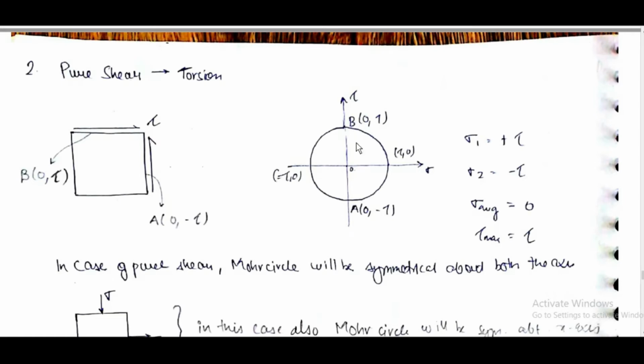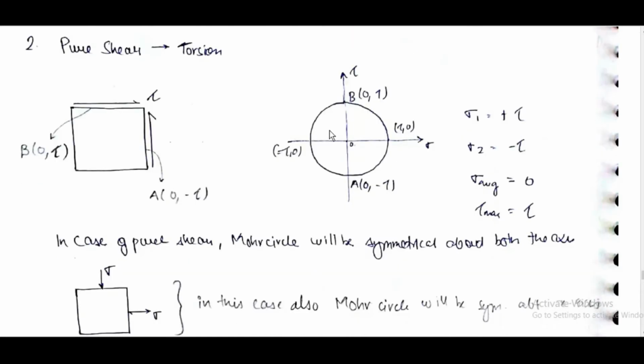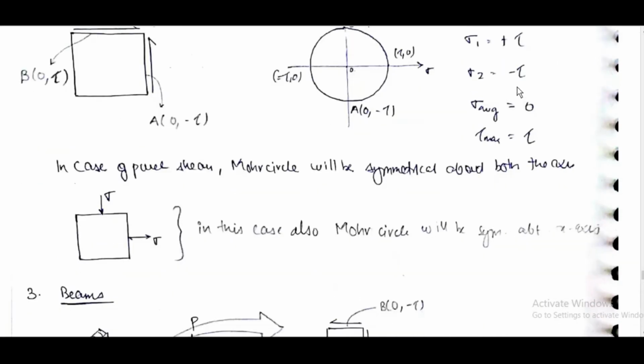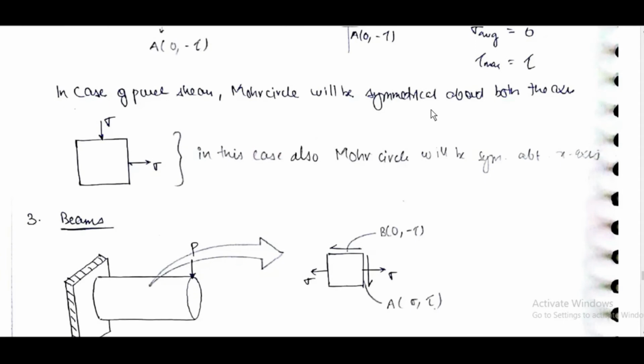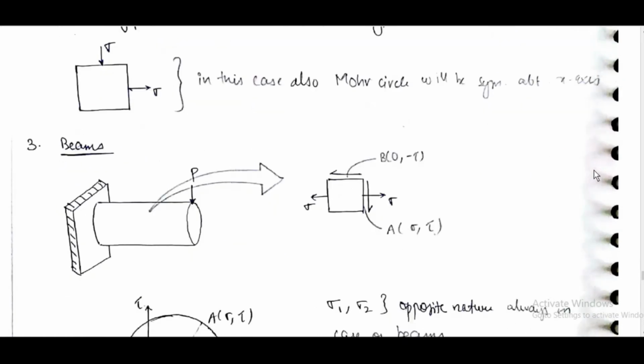A and B are represented here and here, and by that we can draw the circle. Sigma 1 is equal to plus tau, sigma 2 is equal to minus tau, sigma average is equal to 0, tau max is equal to tau. In case of pure shear, Mohr circle will be symmetric about both axes. In the 1D case also Mohr circle will be symmetric about the x-axis.